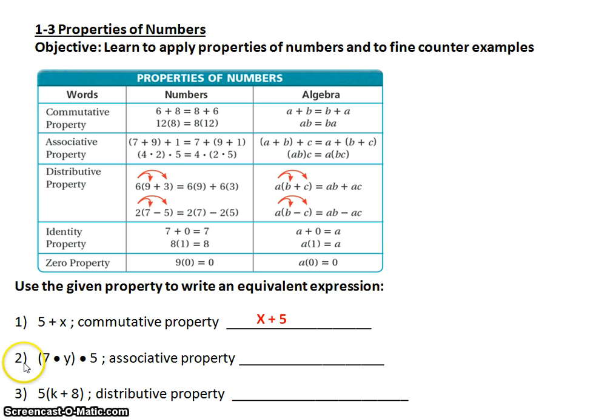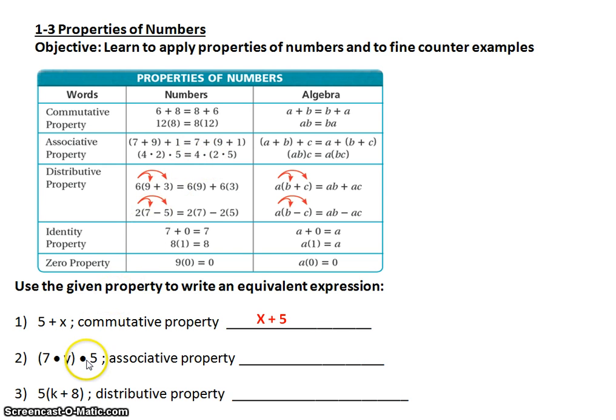In our second example, 7 times y, that product is multiplied by 5. The associative property. Let's go back to our table. Let's look at the multiplication example. And from the left and the right, the only difference is where the parentheses are placed.